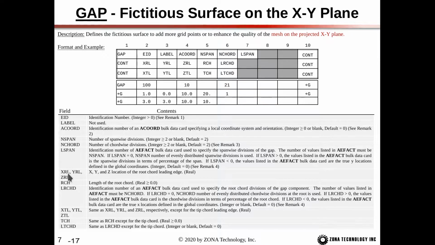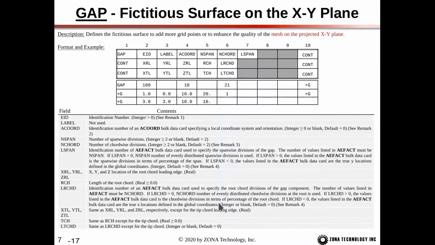Next we have XRL, YRL, ZRL, which is the XYZ location of the root chord leading edge, or the left-hand side leading edge, although with the gap, the left and right convention doesn't matter. And then RCH is the length of the root chord. And then LRCHD, usually you'll be making use of this field. When it's positive, it refers to an AEFACT card, which specifies the chord-wise division in terms of percent of root chord.